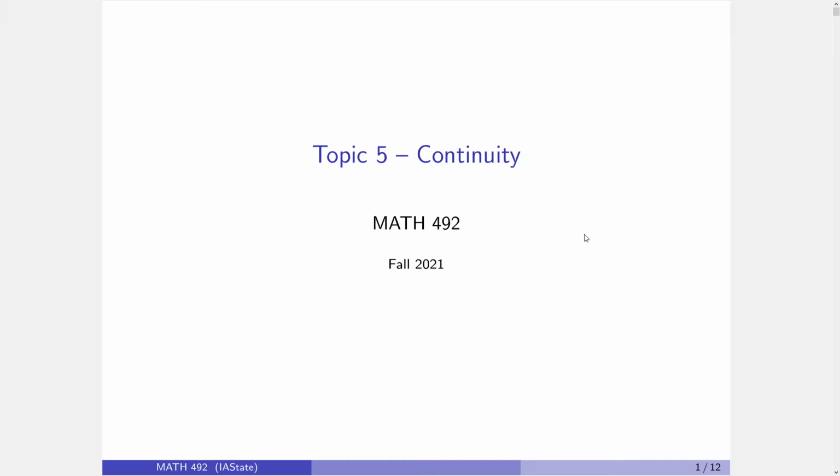So we are going to continue our path down topology for the next few weeks here. And what we are now going to do is get to the topic of continuity, what I think is the central topic of topology.